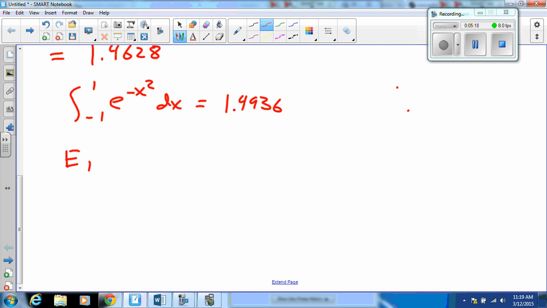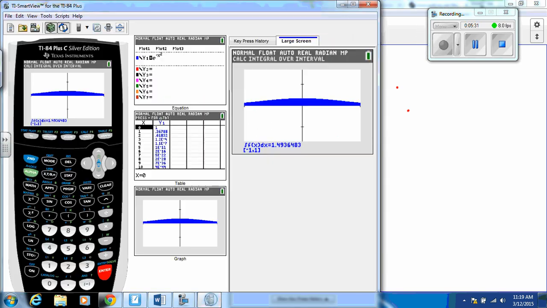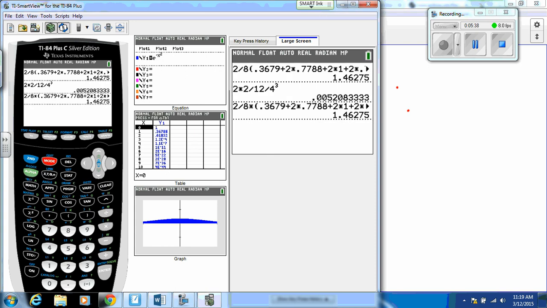How well did we actually do? Well, the third part asks us to compute the actual error, which is going to be the size of the difference between the value we got and the value that we should have gotten. So if I come back to my calculator, quit from there, the result of the integration is stored in the answer.